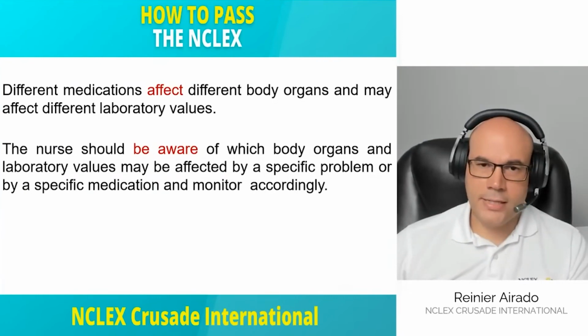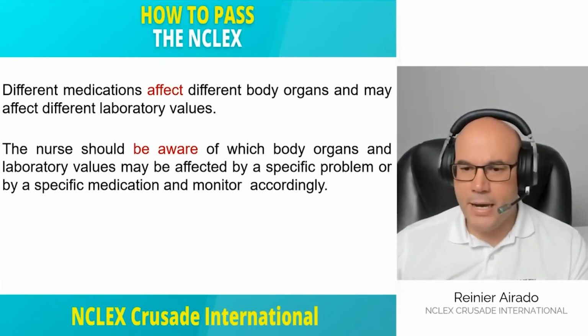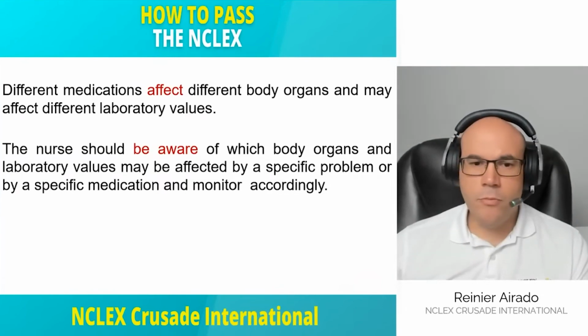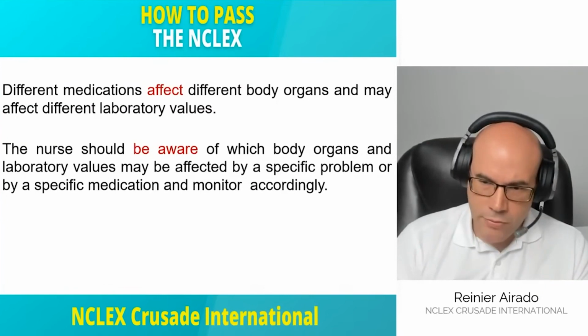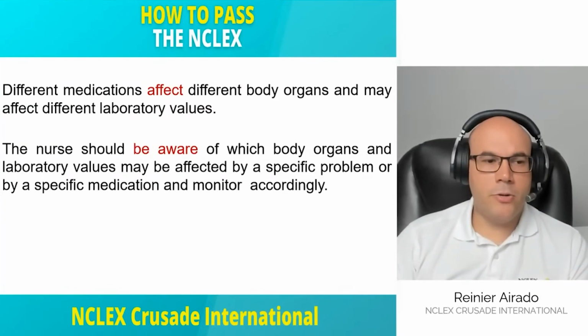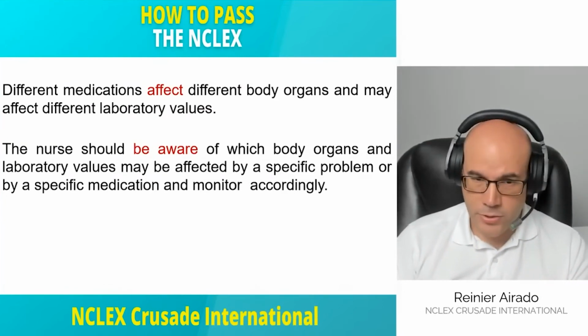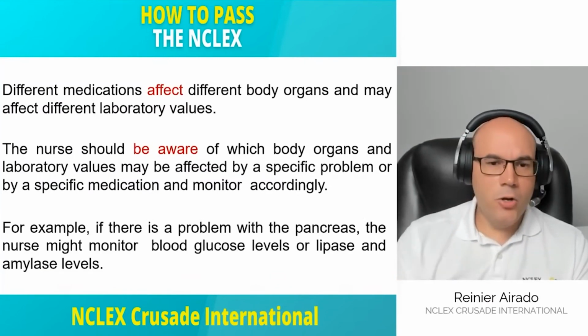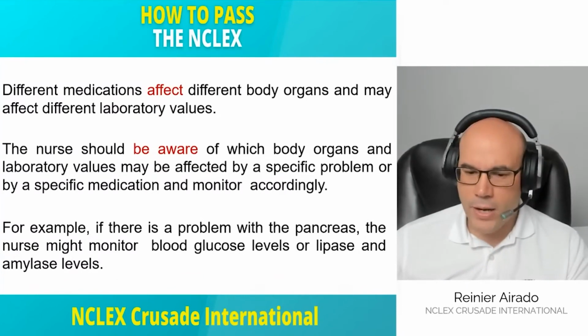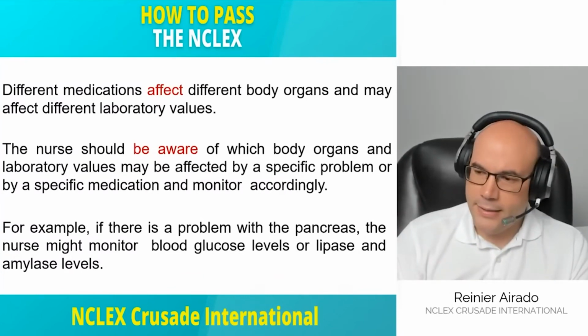Medications such as calcium channel blockers and beta blockers, you have to monitor blood pressure. Medications such as nitroglycerin, you have to monitor that blood pressure because it can affect the patient's blood pressure. And everything that I'm telling you is included in NCLEX style questions. So you have to develop that ability.